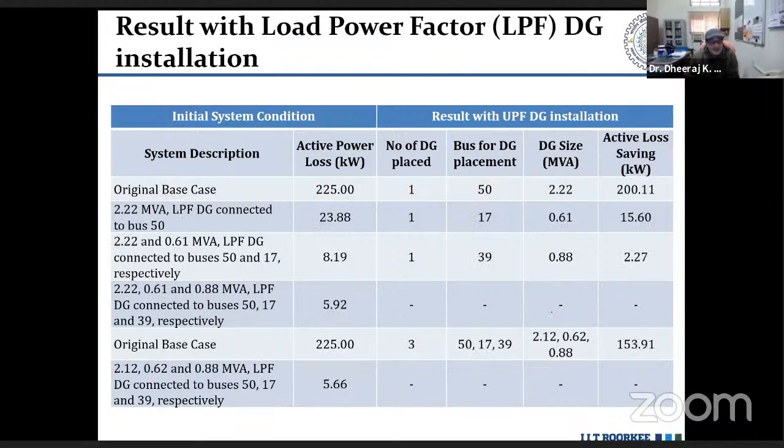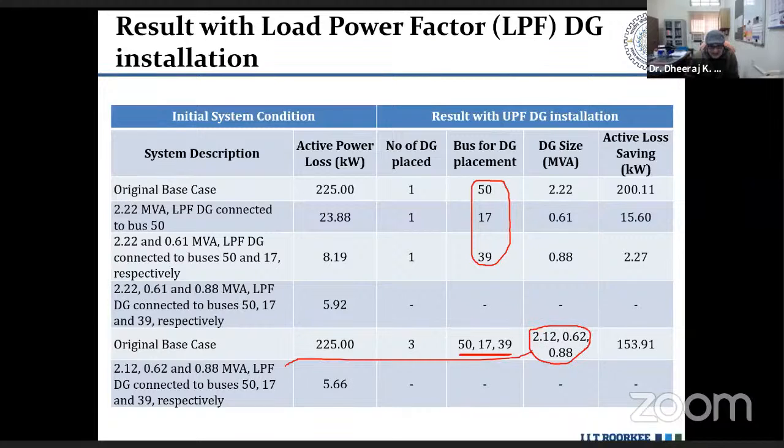Similar exercise we performed considering the DG operation at load power factor. Here the same procedure we applied, and we identified these 3 buses suitable for DG placement, and then we identified the DG size at these 3 buses simultaneously by using our algorithm, and we got this as the optimal DG size.